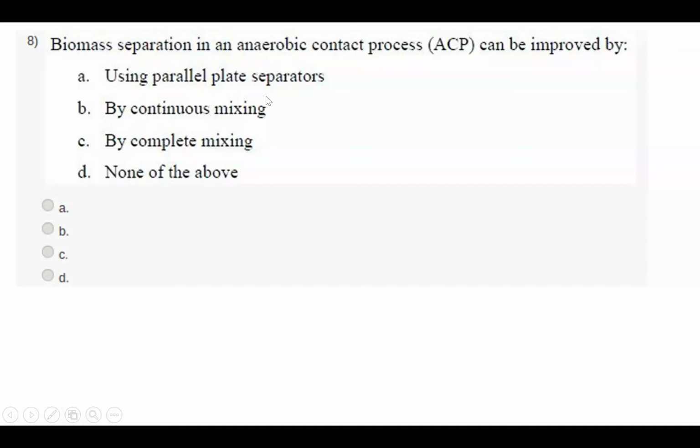See, we are not talking about biogas production, we are talking about biomass separation. A is the answer: using parallel plate separators. If we have parallel separators, we can easily separate the biomass. That's what this is about.